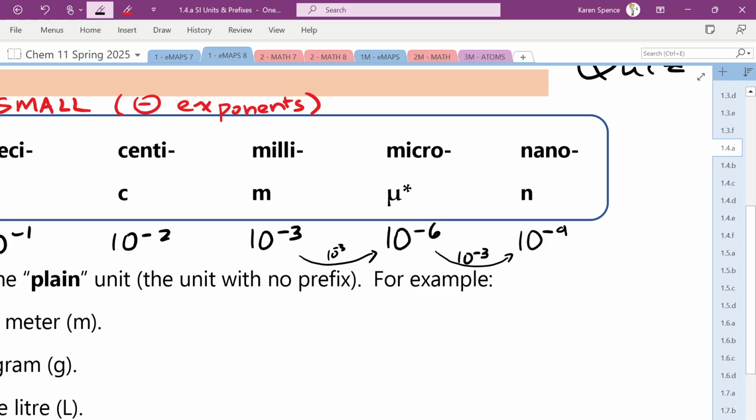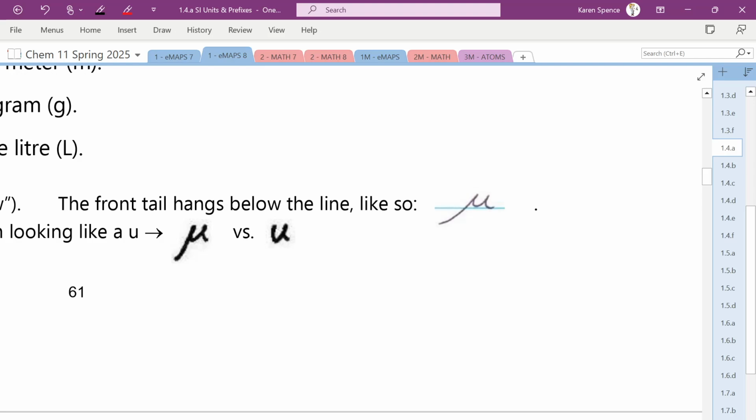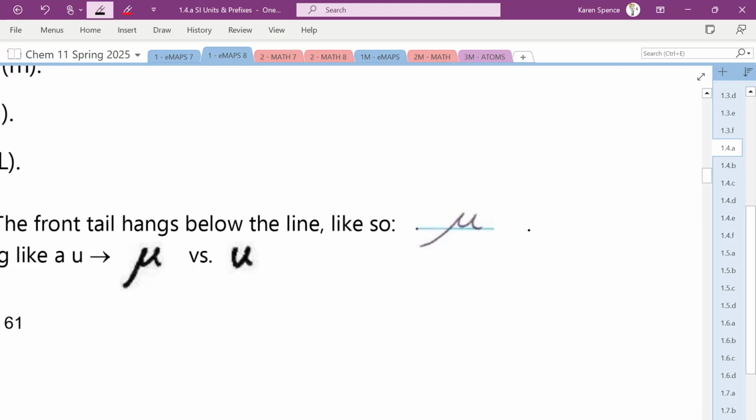Before we get too excited about singing any songs, we need to learn about this little micro thing here. Let's go down to the bottom of the page. If this is the line you are writing on, the first tail is a long tail, and the ending tail is a short tail.